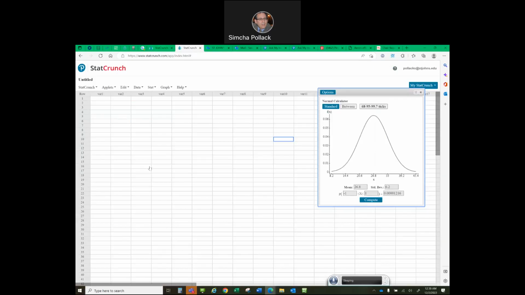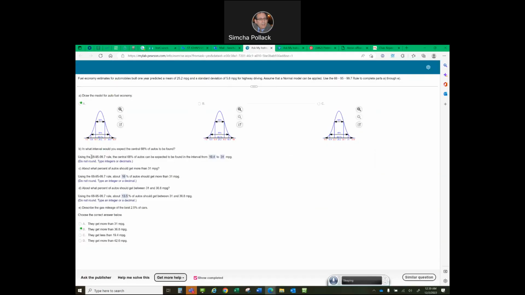So that explains why that's the right answer. Using the rule, how many have 68%? Let's read it off the graph in 31. And the rest of it we went through.